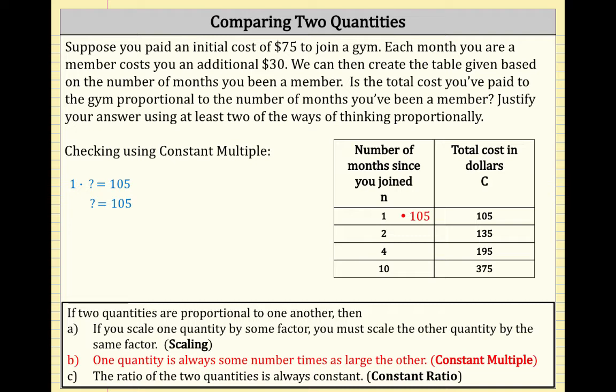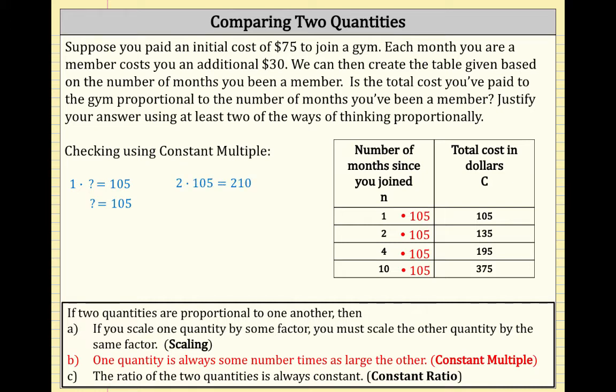That means 105 should be the constant multiple for every relationship between input and output of the table. So if I take 1 times 105, I get 105, but then I should be multiplying everything else by 105, the 2, the 4, and the 10, and that should come out to be the 135, the 195, and the 375. Let's see if that actually happens.